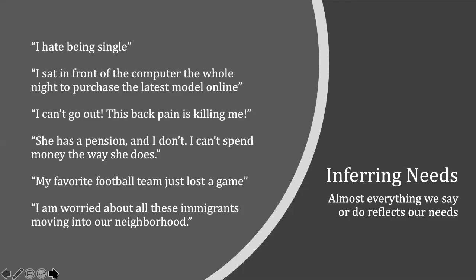All right. So what about the last one? The last example is, I'm worried about all these immigrants moving into our neighborhood. So what does this person need? Well, that connects to the earlier point about order that I mentioned.